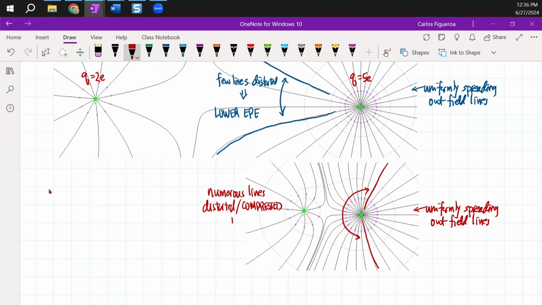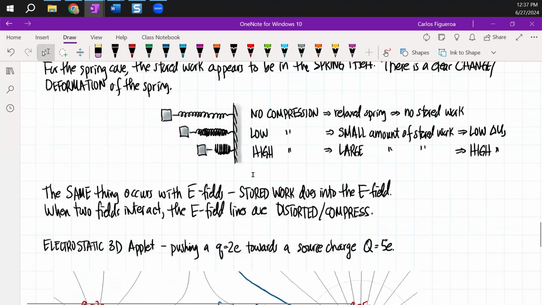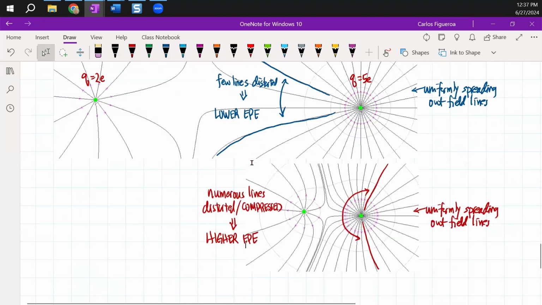So as a consequence, I must now have a higher electrical potential energy. So I could say the same thing as I did up here about the amount of compression, whether I have low or high potential energy.